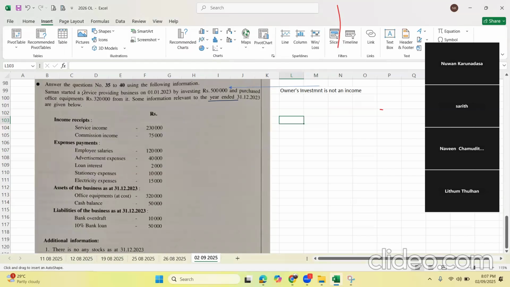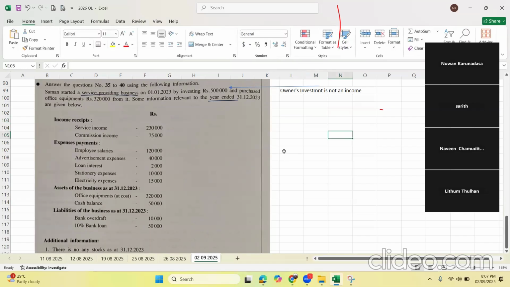That means they don't have sales. Their main income will be the service income, then the commission income, that's other income.